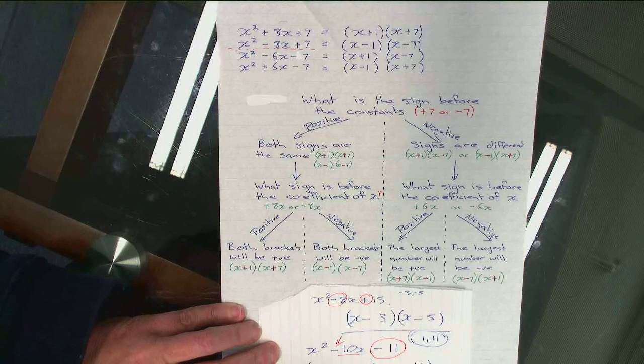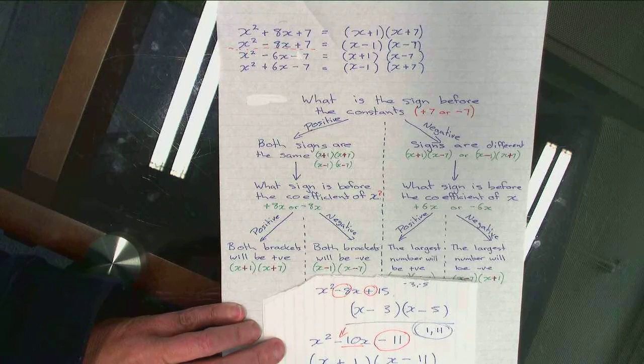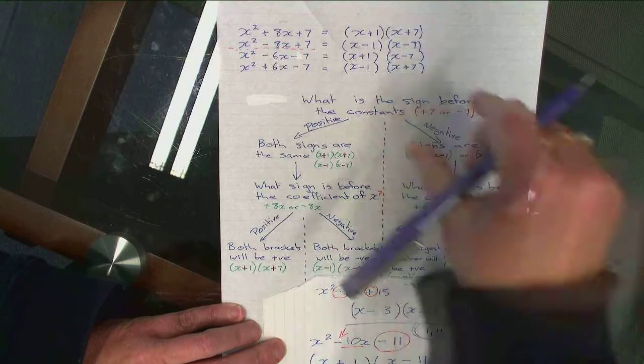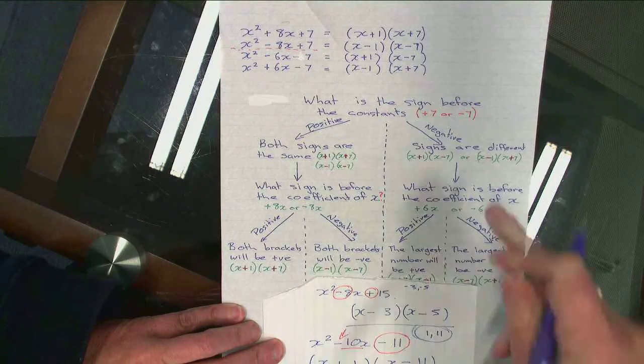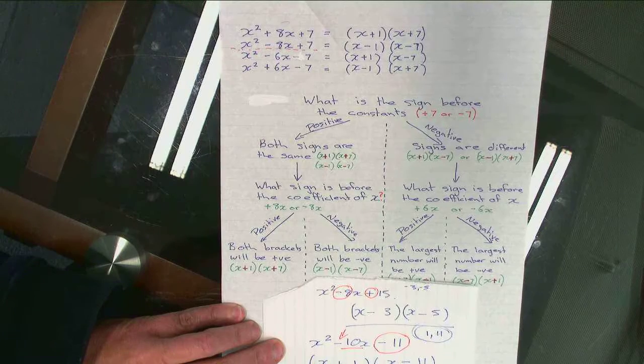X squared plus 8x minus 33. Again, we've got our constant, which is negative, so we're going down this side of the flow chart. So in our brackets, we know that as soon as we go down this negative sign, one's going to be positive and one's going to be negative.